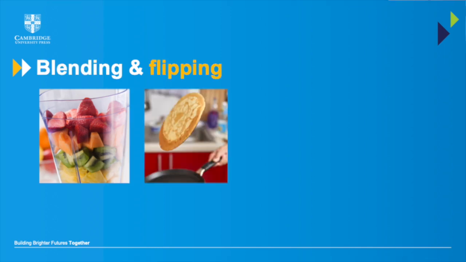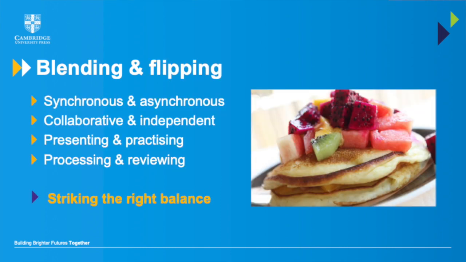So blending is the idea of which ingredients do we want to use and what's the balance. Flipping is more the idea of what comes first and what comes after. So in a traditional classroom, we would maybe present the language or the content in the classroom, and the students would practice at home.